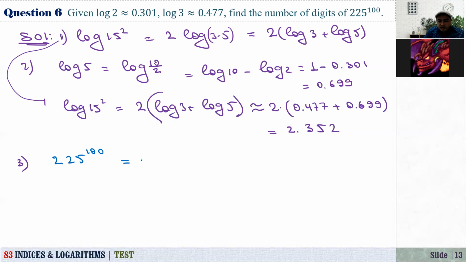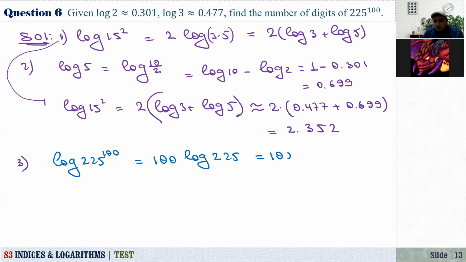We can just write it as log 10 to the power of, all right, log 225 to the power of 100. We can write it as 100 times log 225.